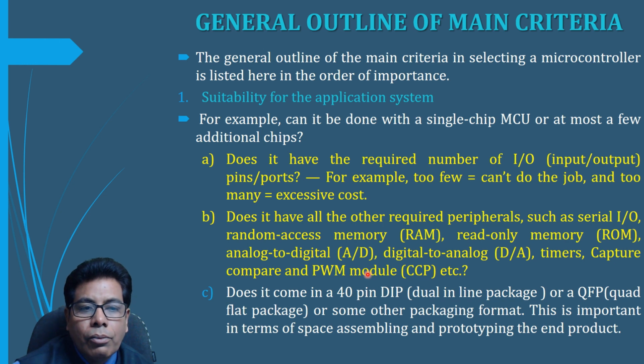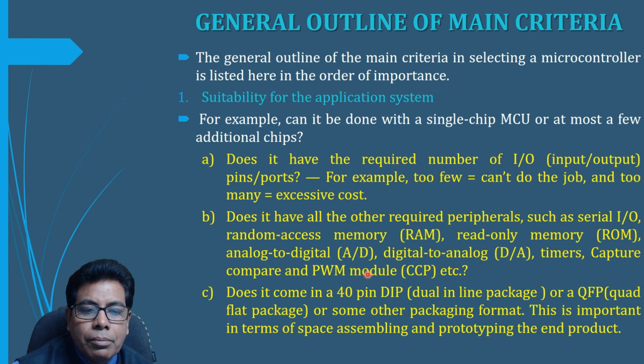So we have to check what are the features available in the microcontroller. Then next, does it come in a 40-pin DIP, dual in-line package, or a QFP, quad flat package, or some other packaging format?